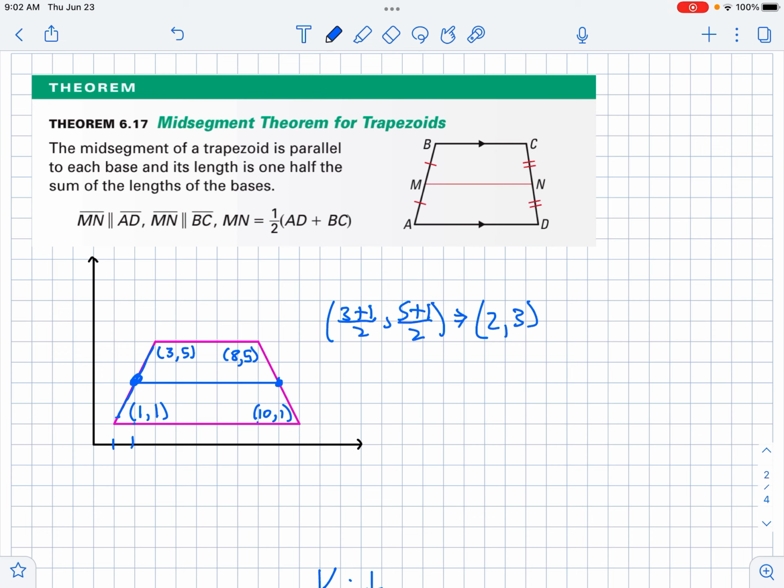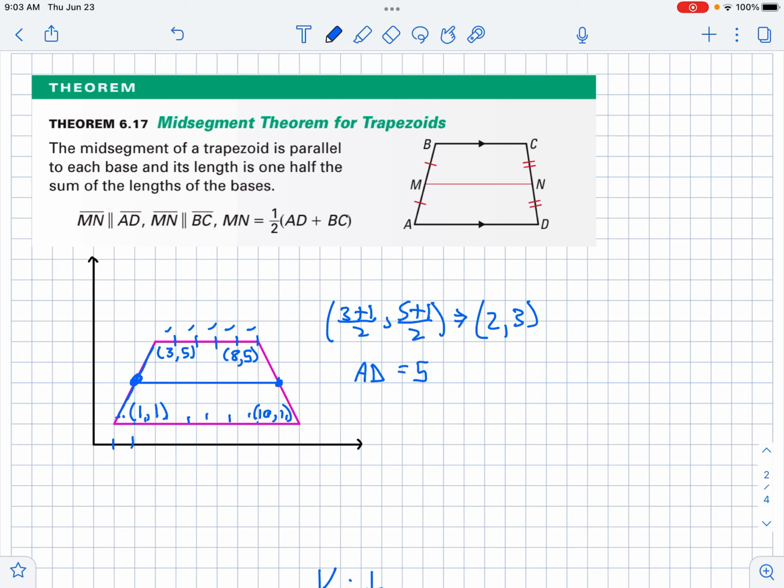Now, dig this. Let's calculate the length of AD. We could use the distance formula, but you can just count here. It's 1, 2, 3, 4, 5. There's 5 of those. Down here you've got 1, 2, 3, 4, 5, 6, 7, 8, 9.